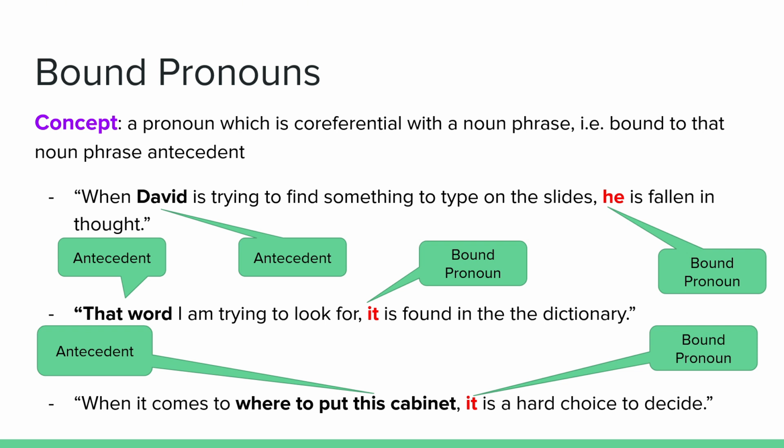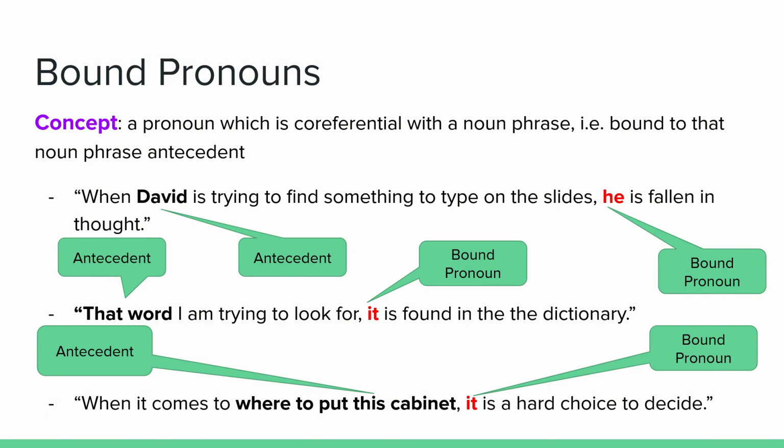Let's look at the bound pronouns. The concept of the term bound pronoun is that it is a pronoun which is coreferential with a noun phrase, such that it is bound to that noun phrase antecedent. Let's look at those examples. The first sentence, when David is trying to find something to type on the slides, he's falling in thought.